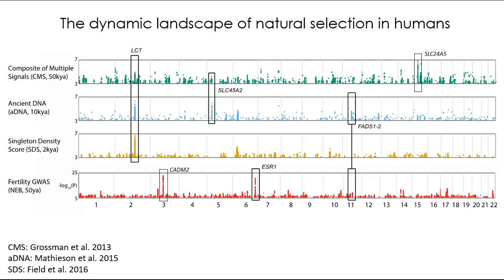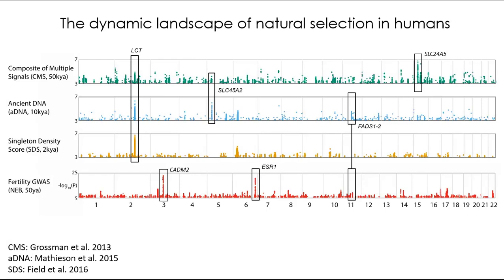Okay. So what that tells us is that the evolutionary pressures, even in recent human history, have changed very rapidly over time. We've seen rapid change even on the timescales of hundreds or tens of generations, and now on the timescales of thousands of generations, tens of thousands of years, we see the same kind of rapid change.